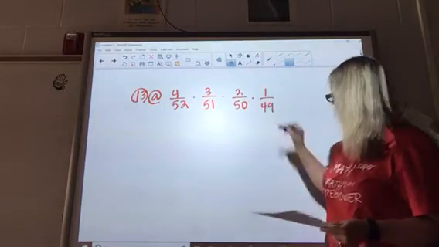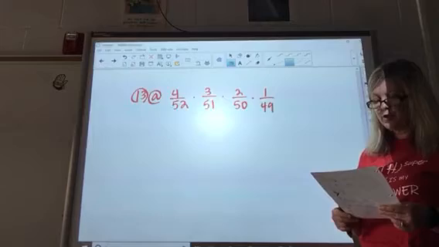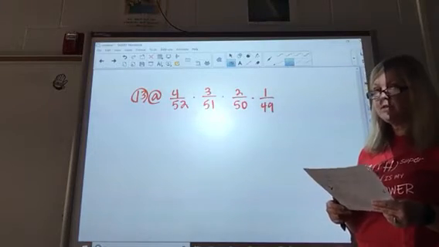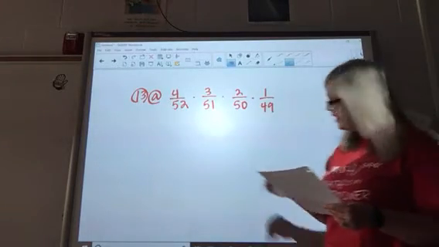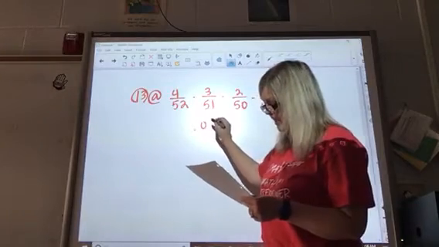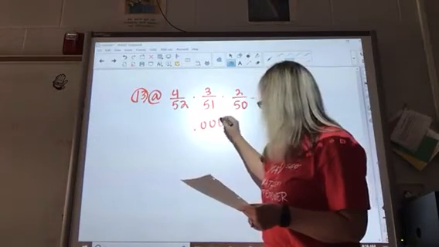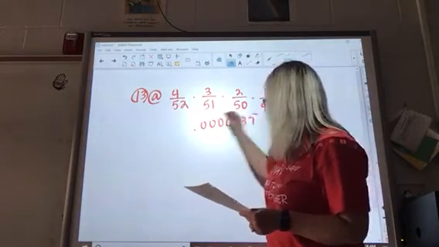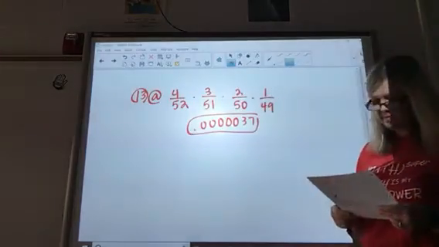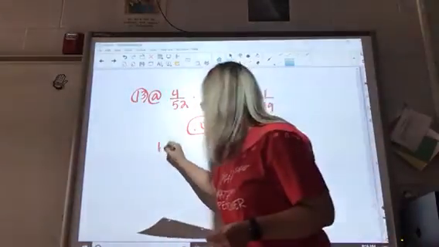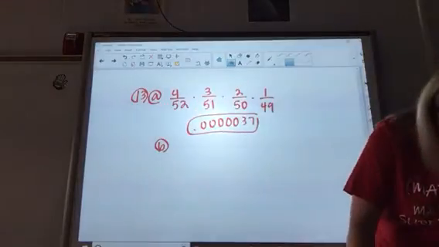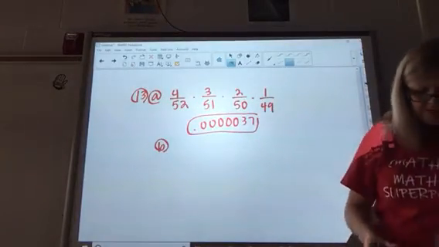Okay, I'll multiply all those numerators, denominators. This is a big nasty decimal. It's 0.0000037. Okay, 13B says all are diamonds.